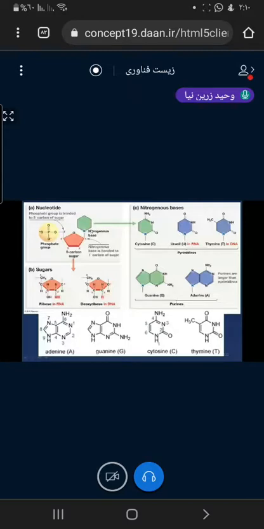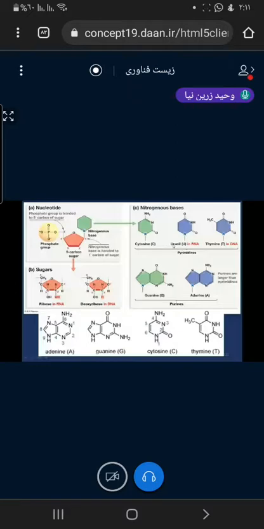In this slide, you can see different bases and different structures of nucleotides, and different kinds of carbon sugar with nitrogenous bases.